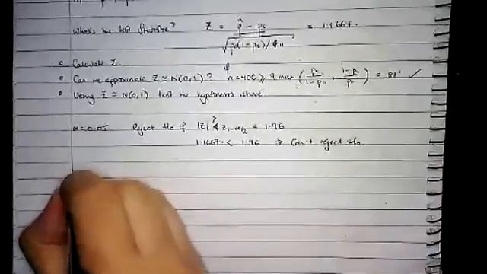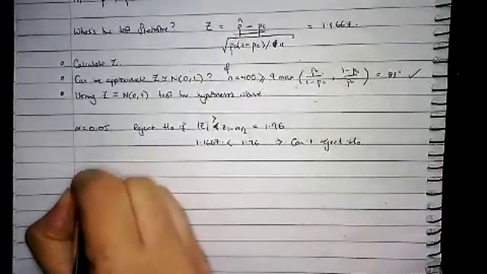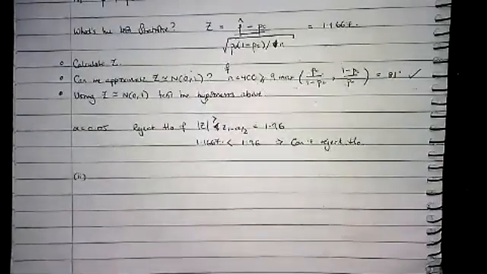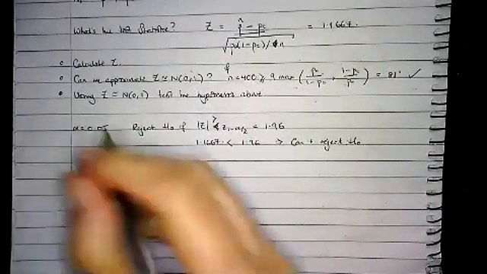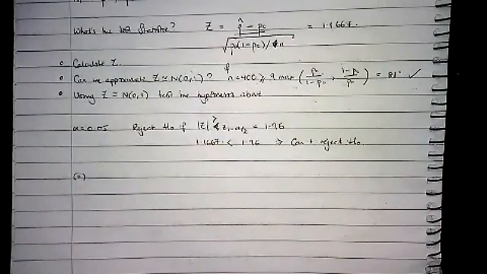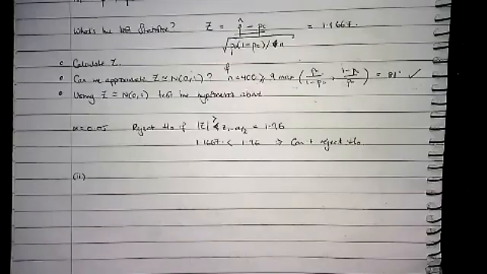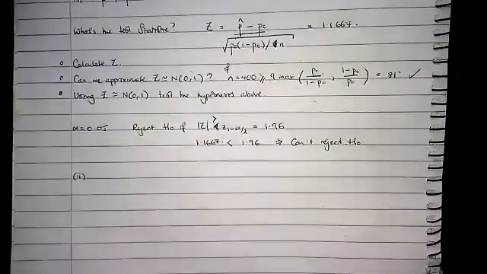Okay, now for the second part of question 7, we were asked for something very similar to question 4, part B. We were asked to find the probability of a rejection region. Let me just look at the question again. Right, yeah.